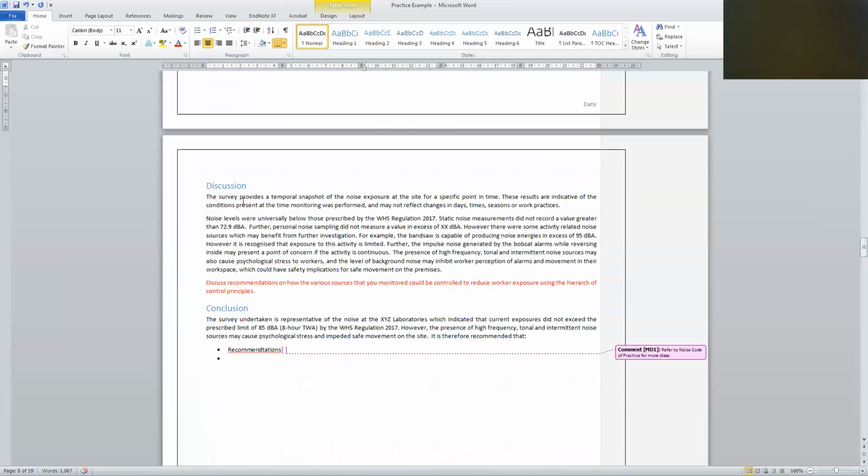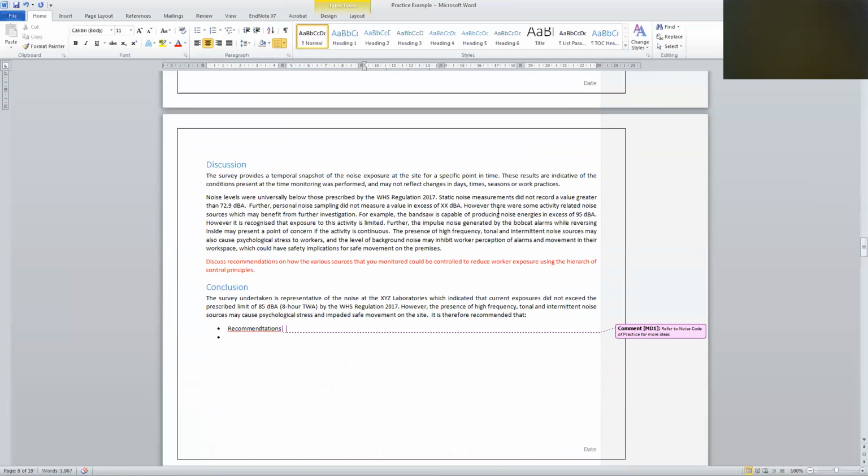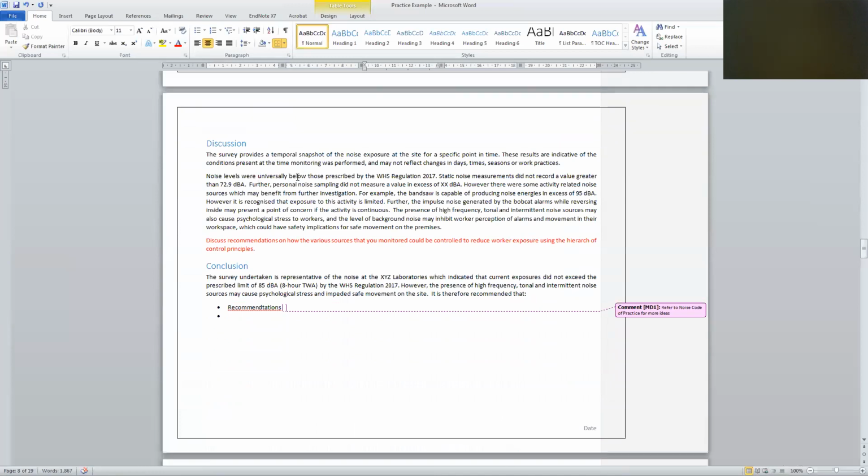So again, this is only a temporal snapshot. Yes, that's what we did. We're only providing the data for that day, and it may actually change under different working conditions and even season as well. The noise levels were universally below, so they've changed regulation now, so they were below the regulation.